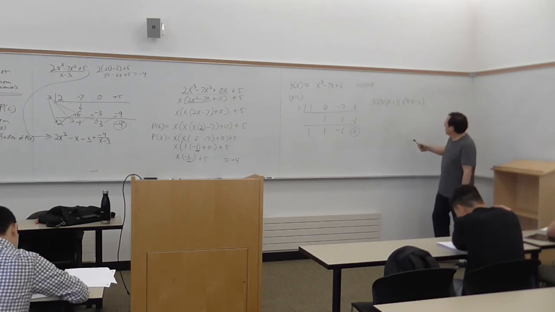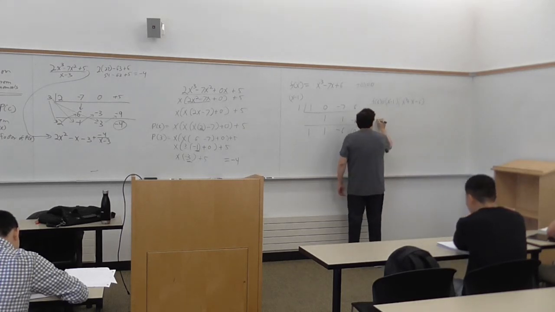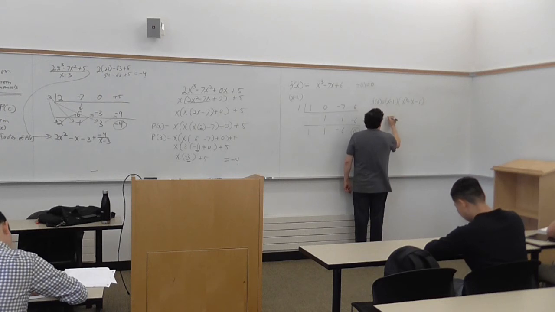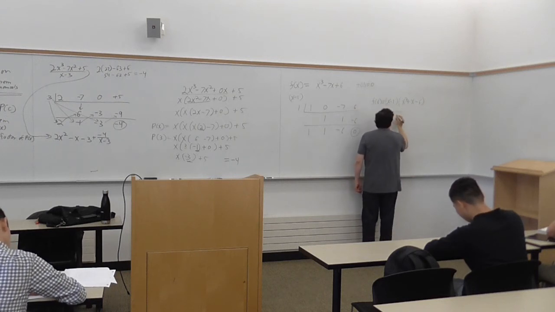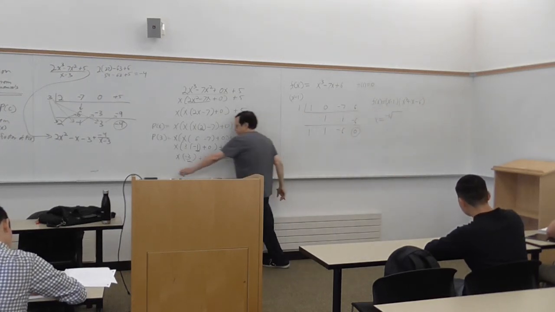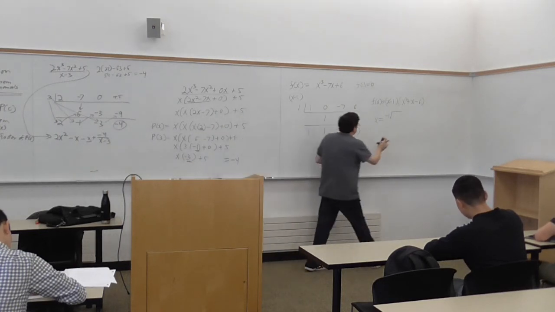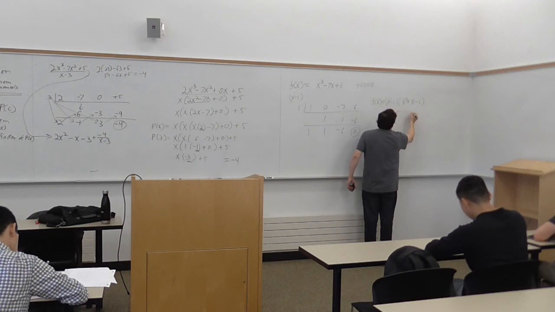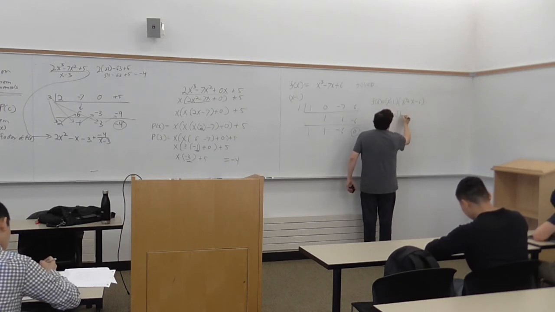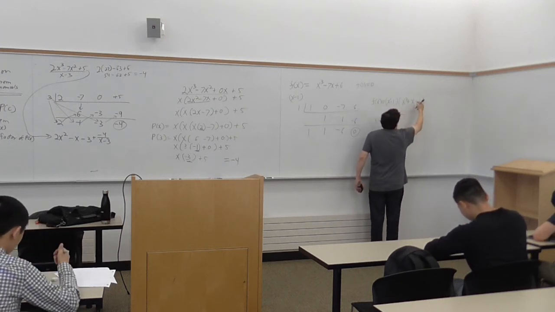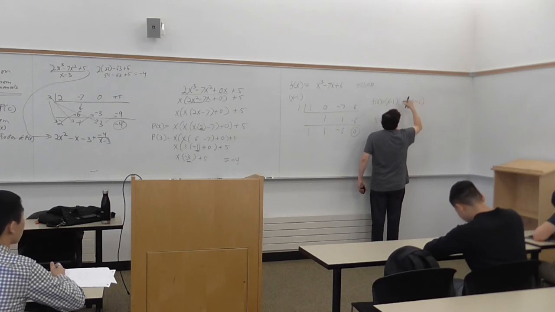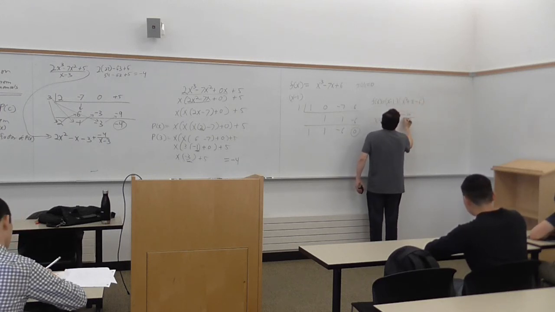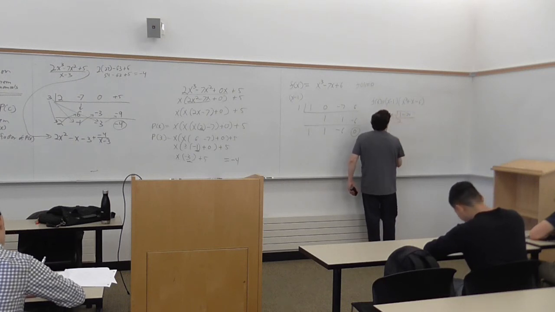So let's do it the hard way here. Let's use the quadratic formula. B is 1, so negative 1 plus or minus the square root of 1 minus 4 times negative 6, which is plus 24, all over 2.